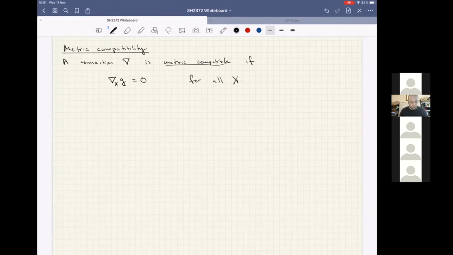That is to say, the metric is parallel under this connection, or in a sense constant under this connection. So this is what we mean by metric compatibility.